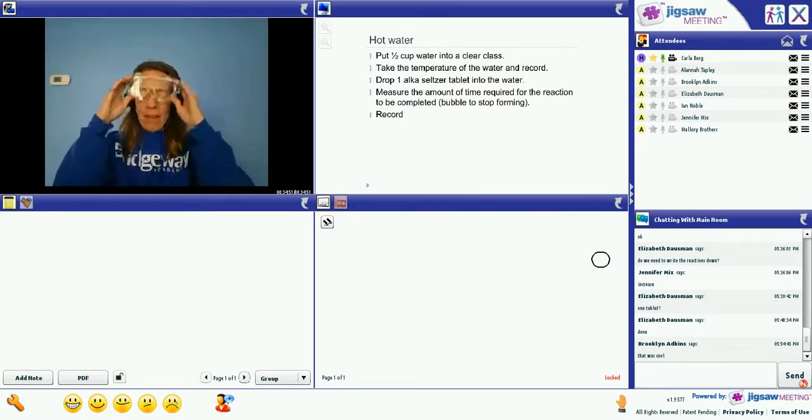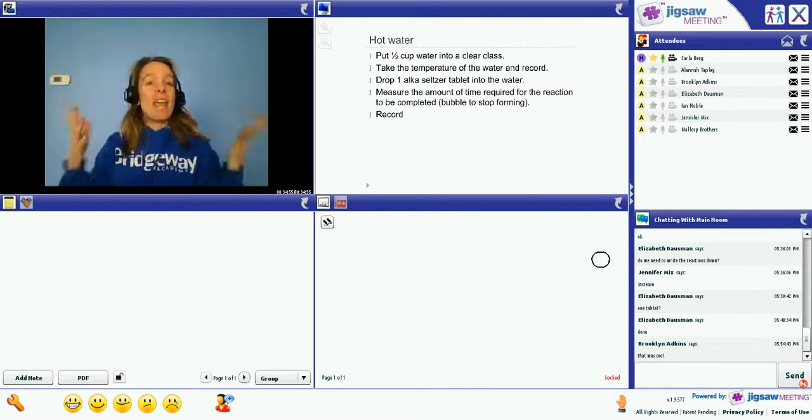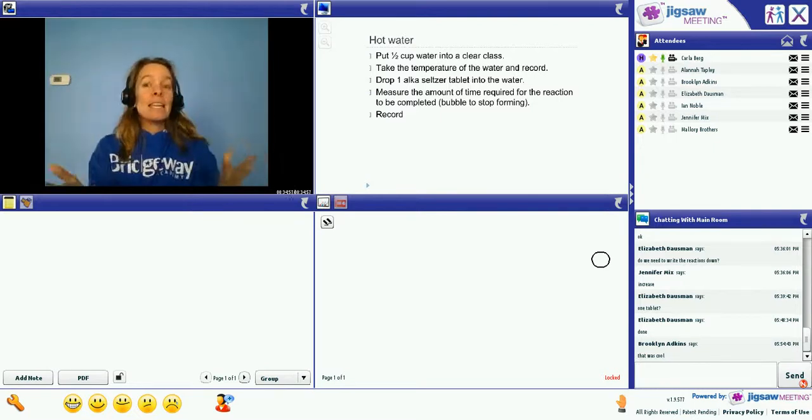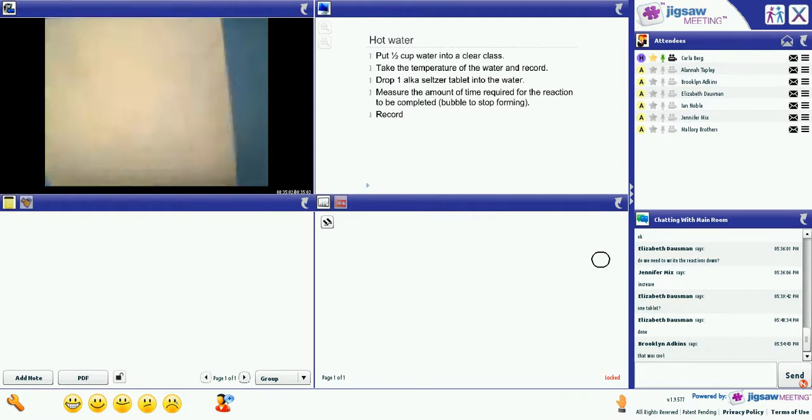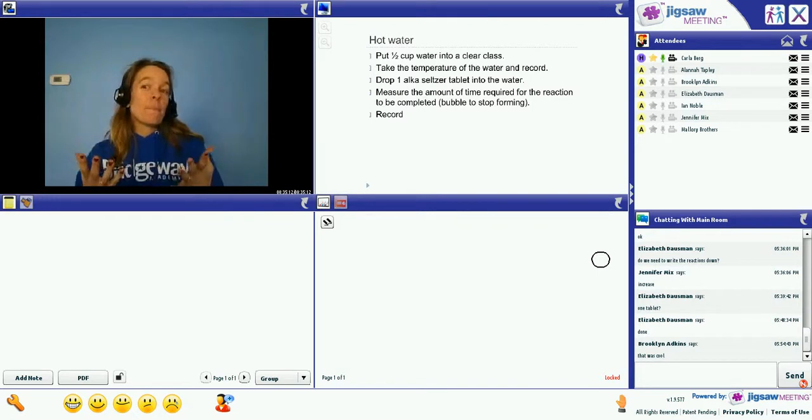Now that I'm done, I can take my goggles off here. The great thing about science is if yours didn't work out the same, you have the data to back your experiment up. So that is exactly what happened in my lab, Brooklyn.